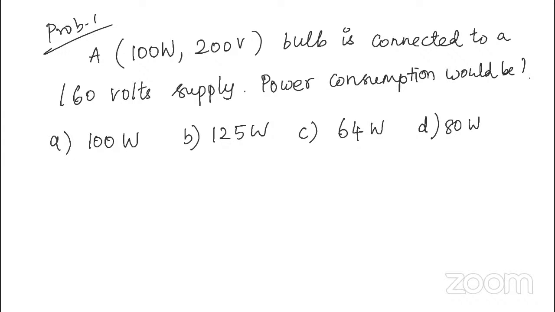Sign convention: the battery is connected to the positive value. The current flows through the circuit; according to Ohm's law, V is equal to I into R. For the current flow, it is positive to negative.